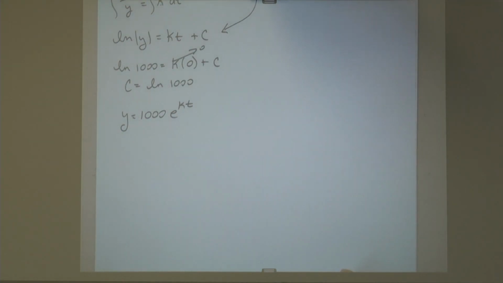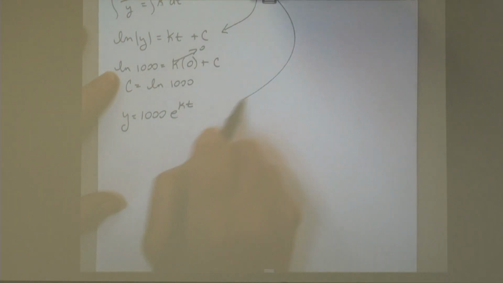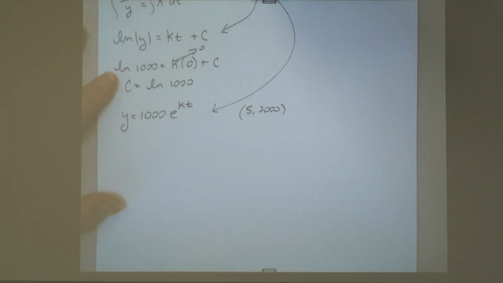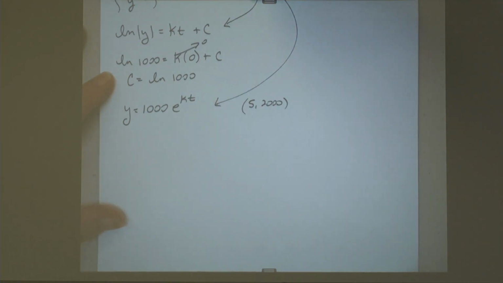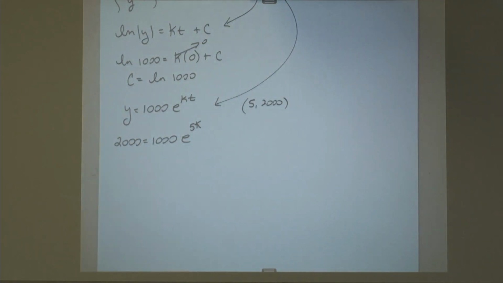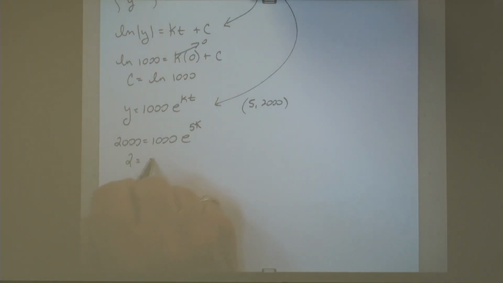Okay, well that's great, but remember now we have to replace this k, and they've told us at time 5 our bacteria has doubled. So here we go, 2,000 is 1,000 e to the 5k. I almost wrote 5t. All right, so 2 is e to the 5k.